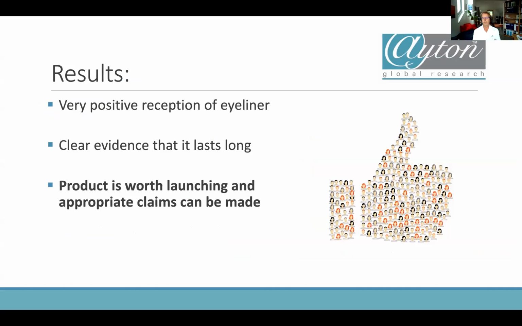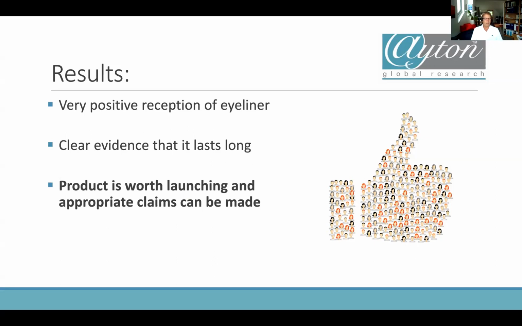So next one. Just to sum up the results very quickly, the eyeliner was very, very positively received. People like it. People would replace their current eyeliner with it. We have clear evidence that it lasts longer, and it lasts longer than existing eyeliners on the market that people are currently using. So we could definitely give the strong recommendation to launch the product and to use the appropriate claims in communication.